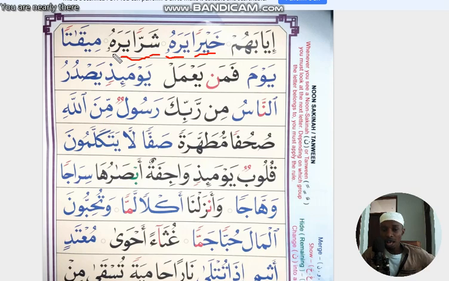The exception is only in fathatain. With fathatain, we stop by putting the fatha and adding an alif, and putting the fatha on that alif. Okay, we continue. We're gonna understand that more in the lesson of ahkam tajweed. We're gonna learn many lessons on that.